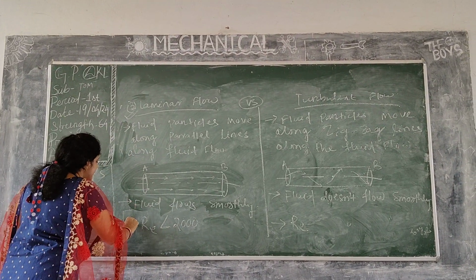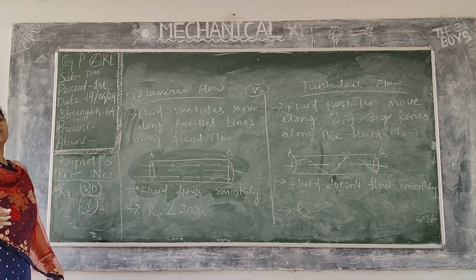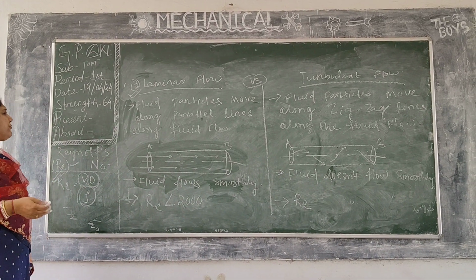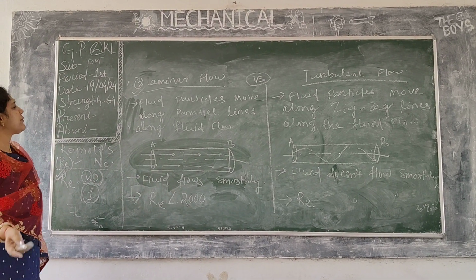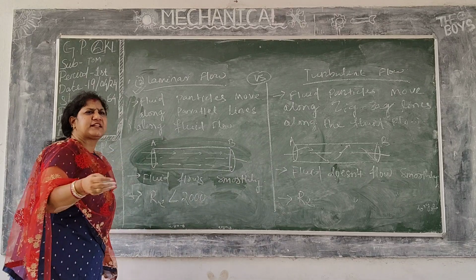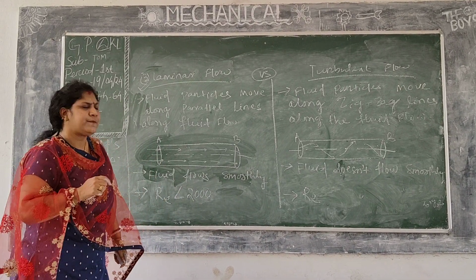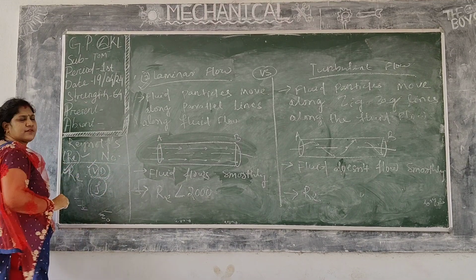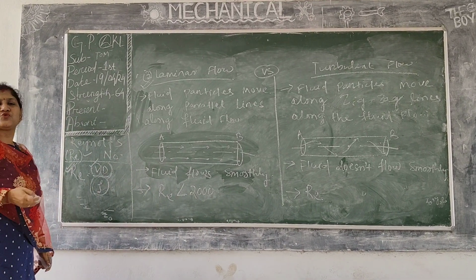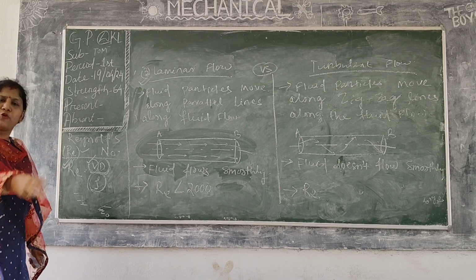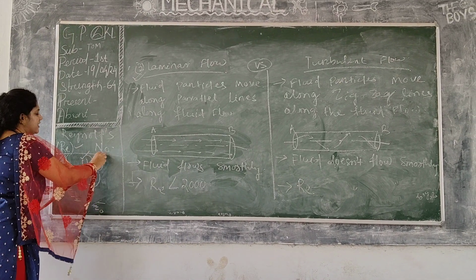So this is a sign that if we are given a fluid and want to find out whether the flow of the fluid inside the pipe will be laminar type or turbulent type, what will we do? We will go for the velocity. What is the velocity with which we are going to make the fluid flow inside the pipe? What is the diameter of the pipe?